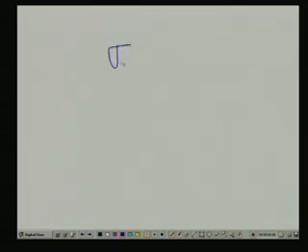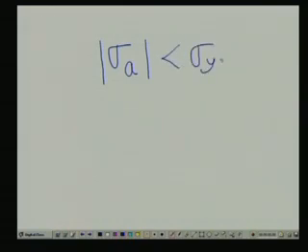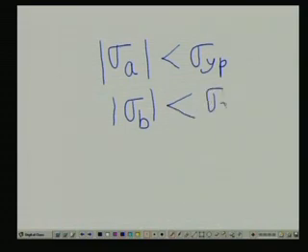Sigma A less than sigma yield point, the 2 cancels out, and sigma B less than sigma yield point. That could also be another possibility if sigma B is more.